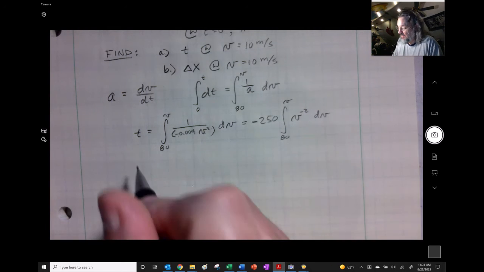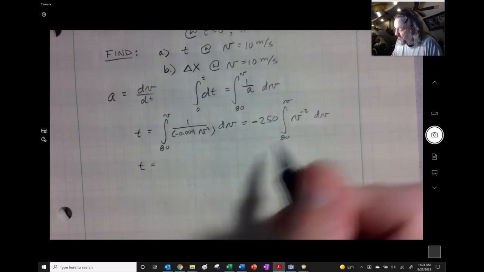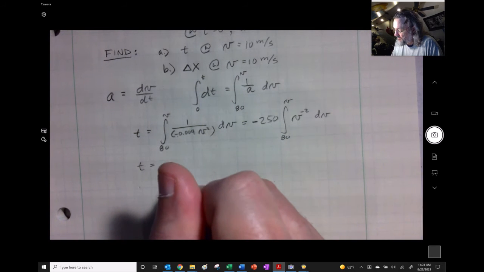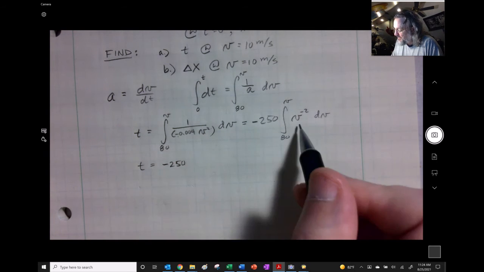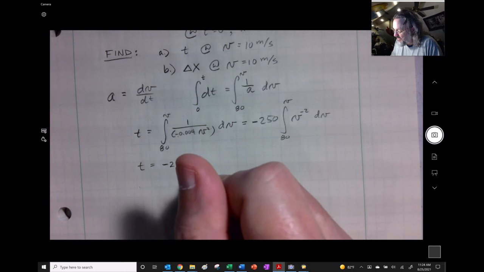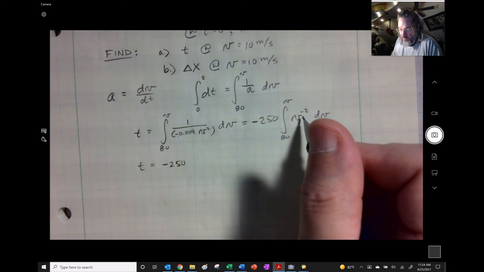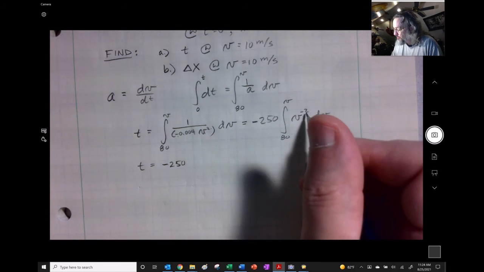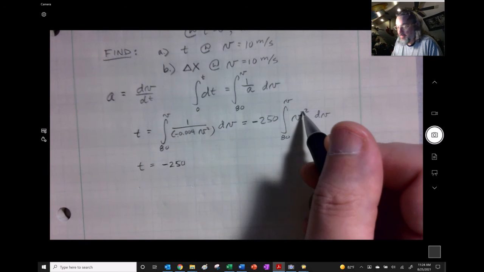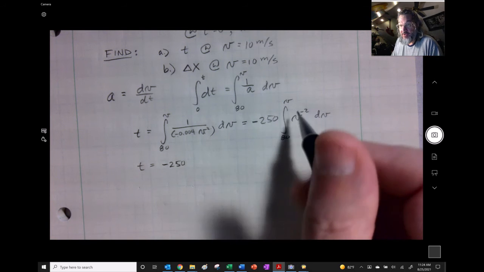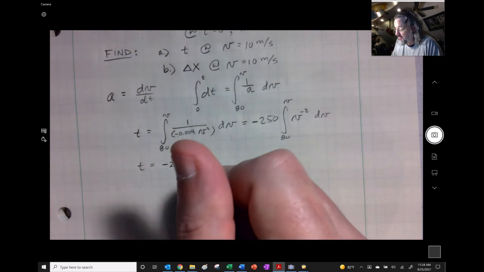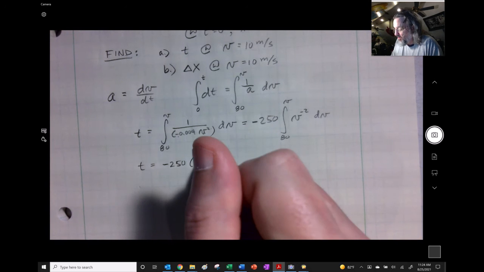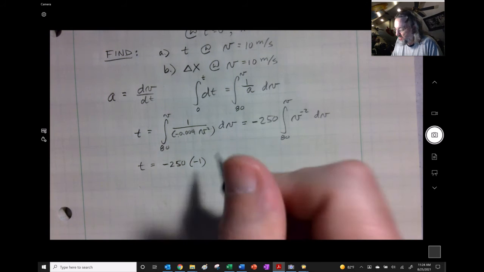And that's not a difficult integral to take care of. So we have negative 250 times, we're going to add 1 to the exponent, so it'll be negative 1. But we also need to bring that negative 1 out to the side, so it's going to be 1 over negative 1, which is just negative 1, right?